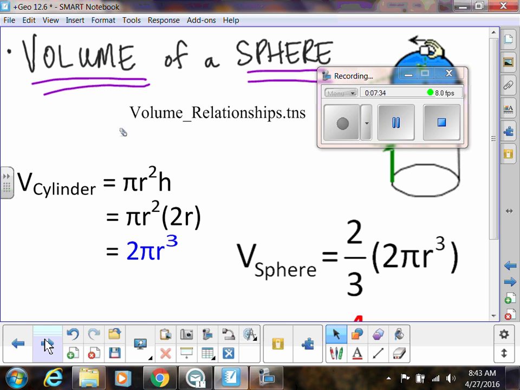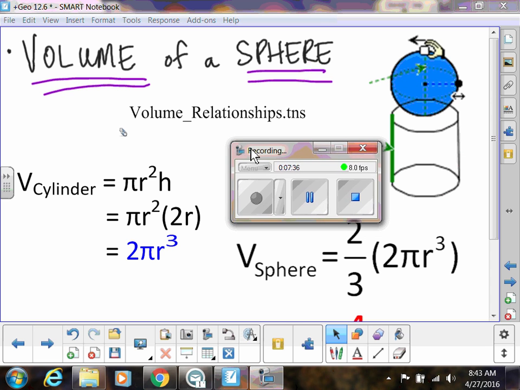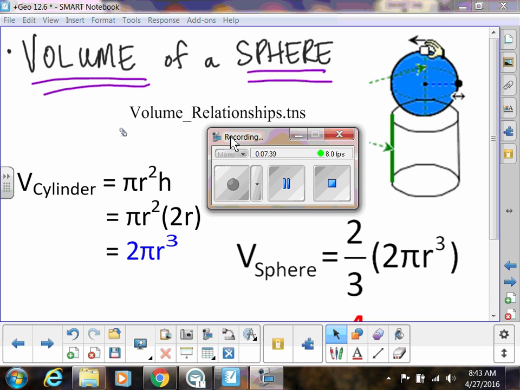Here's another way of thinking of it as well. If I took a sphere and a cylinder with the same radius, that cylinder we know is pi r squared h. Then I replace that height with 2r, so my height is the same thing as 2 times my radius.